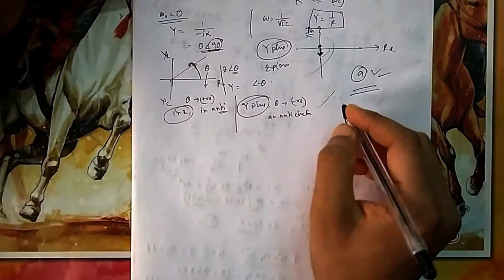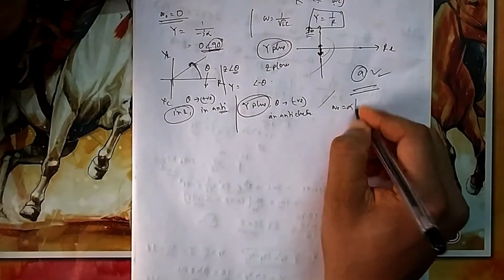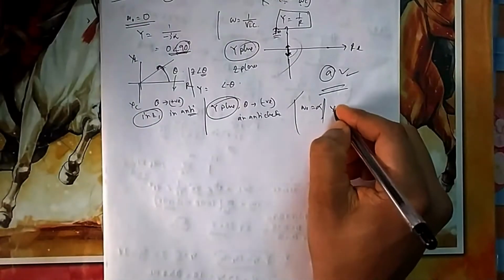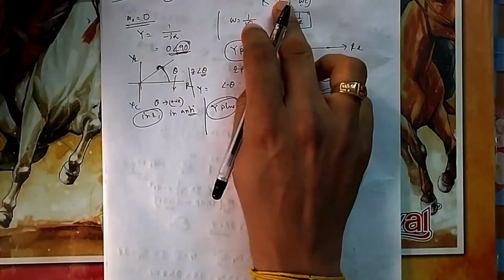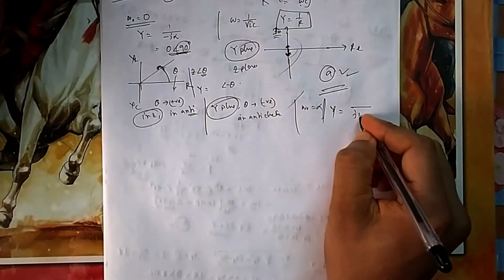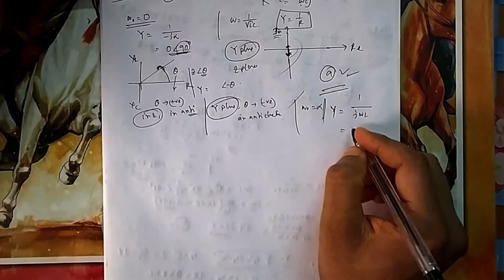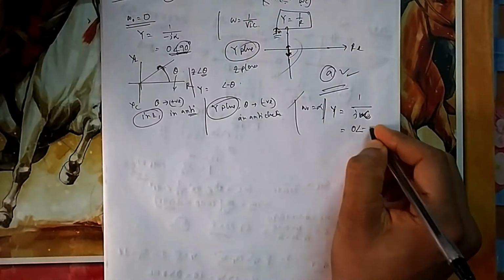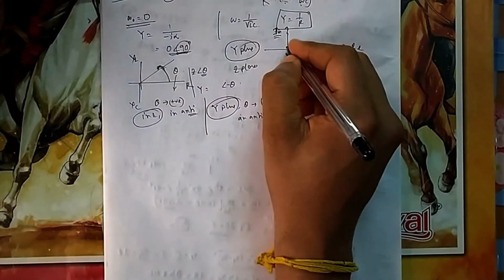Or you can put one more, omega 0. Let me put omega equal to infinity also. If I put infinity, then what will be the value of Y? Y will be equal to 1 by, again if it is infinity, the rest is negligible, j omega L. So omega is infinity, so it is at 0 angle minus 90. So what is minus 90? It is here.